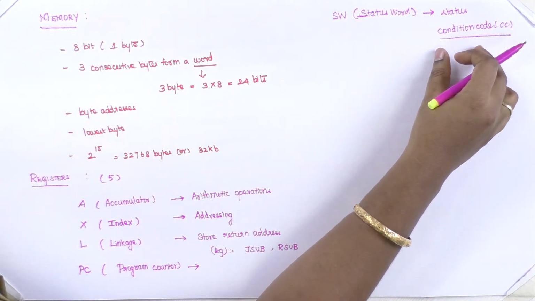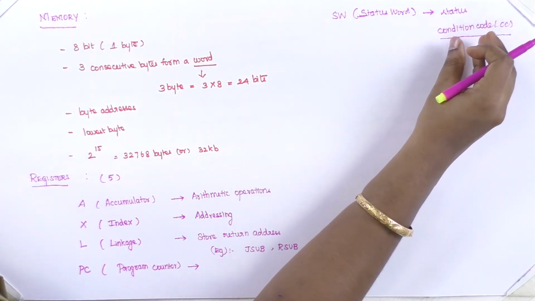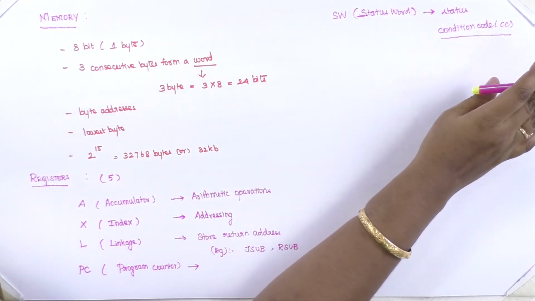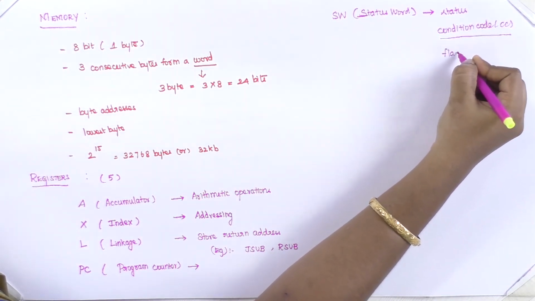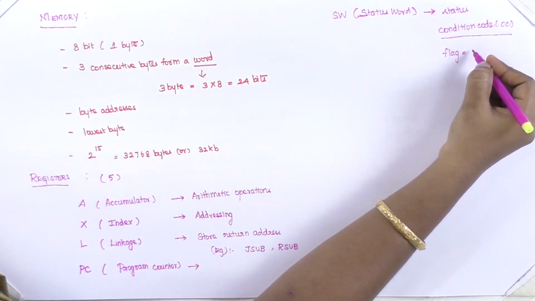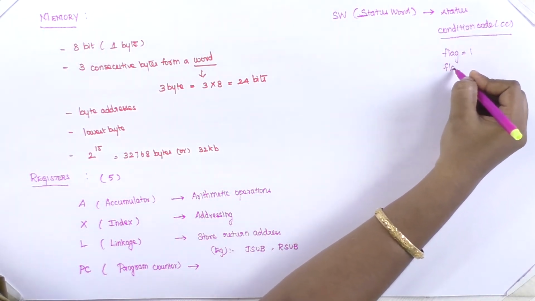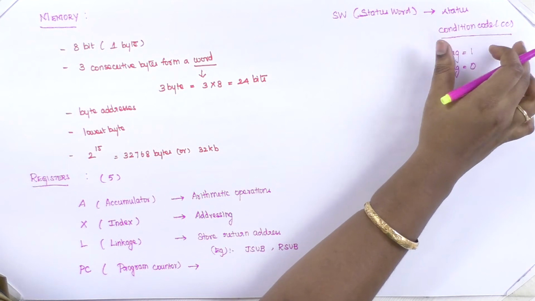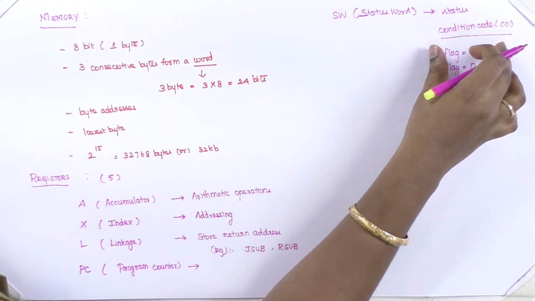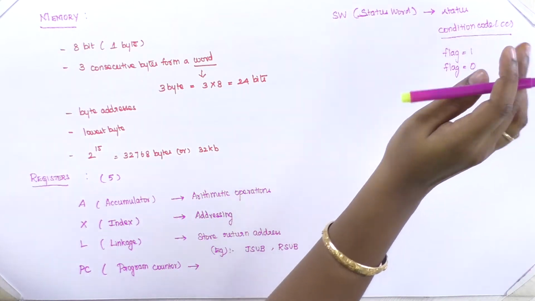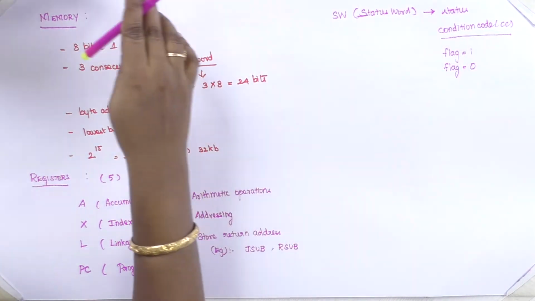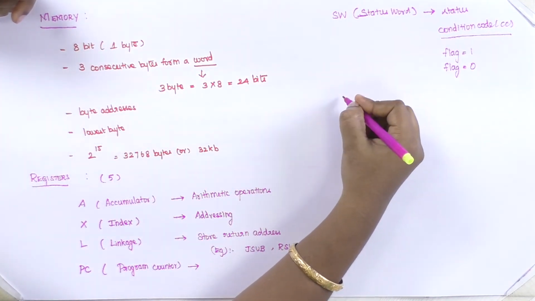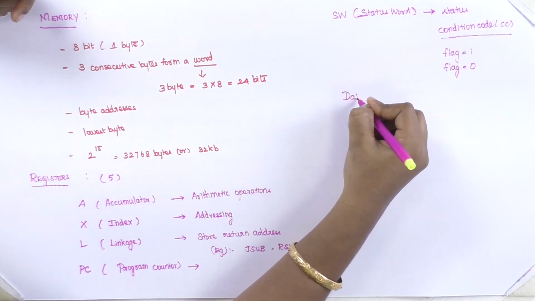For example, if a condition holds true, some value will be stored in the condition code, and if a condition holds false, some other value will be stored. Like we set a flag value: flag equal to 1 if a condition holds true, or flag equal to 0 if it holds false. That is the purpose of the condition code. So the status word contains information like the condition code also. So that's all about registers. Now the next hardware feature, as we saw before, is data formats.